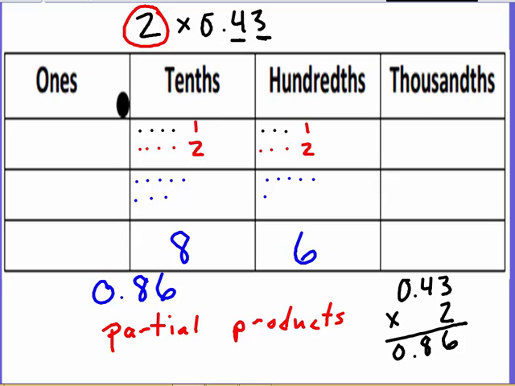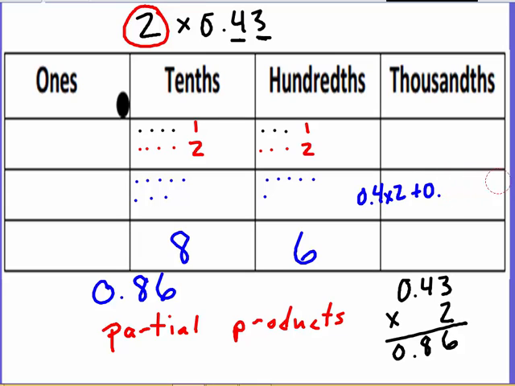Also notice, I can break this up into a kind of expanded form. I can do 4 tenths times 2 plus 3 tenths times 2.